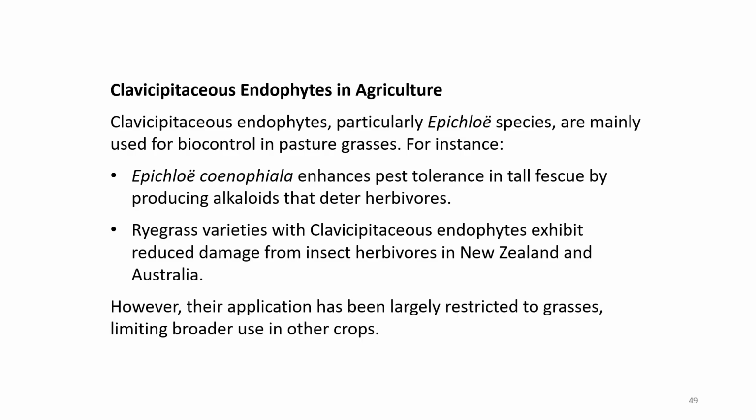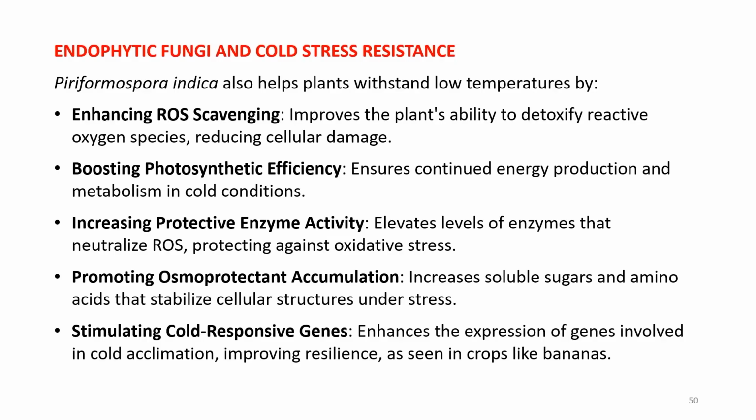Then we have ryegrass varieties which have many of these Clavicipitaceous endophytes that exhibit reduced damage from insect herbivores, in countries like New Zealand and Australia. However, their application has been largely restricted to grasses, limiting broader use in other crops.